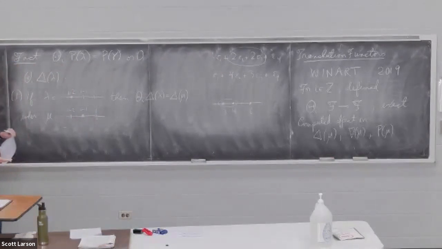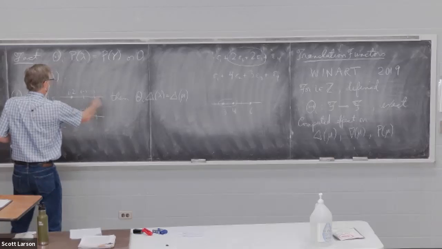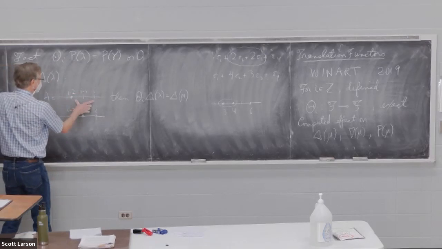And this is a local definition, so all the other dots in lambda are unchanged in mu. Okay? So just locally, it has to look like this, at these three spots, and then you get this guy.